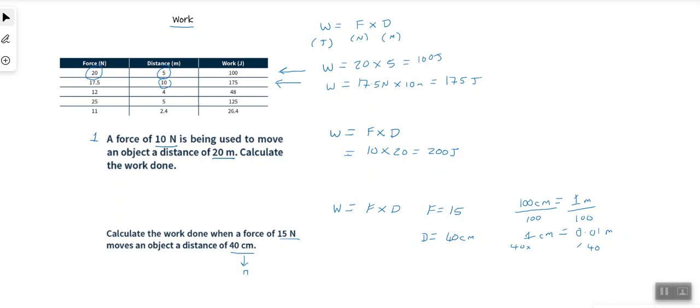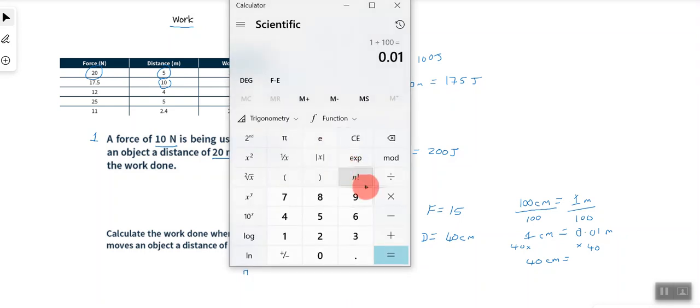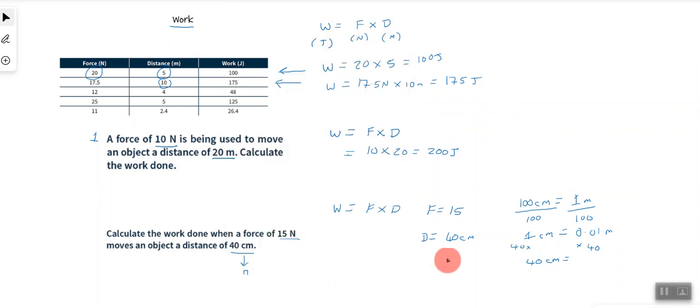So 40 centimeters is going to be equal to 0.01 multiplied by 40. So let's have a look, multiply this by 40, and that's equal to 0.4. So 0.4 of a meter.